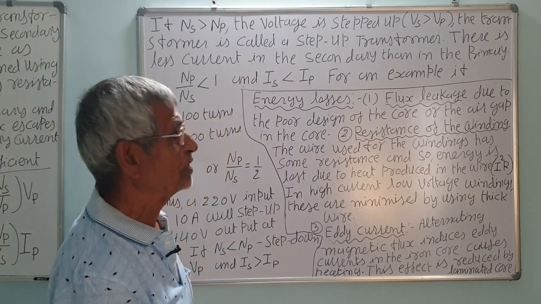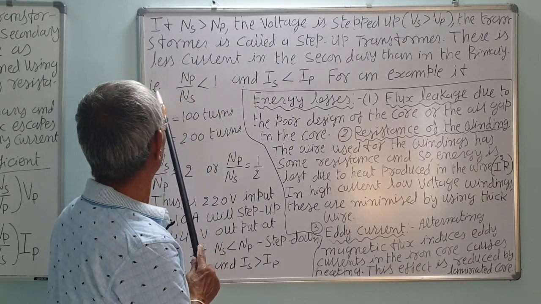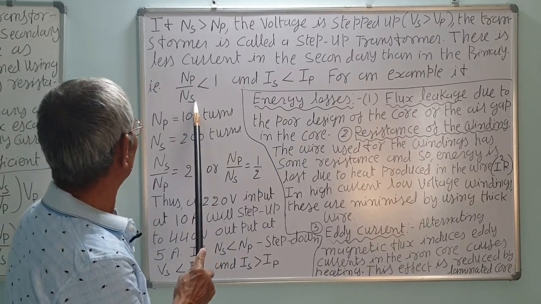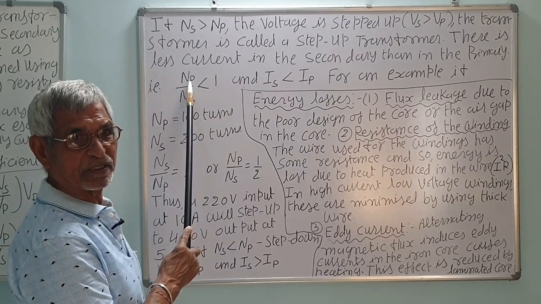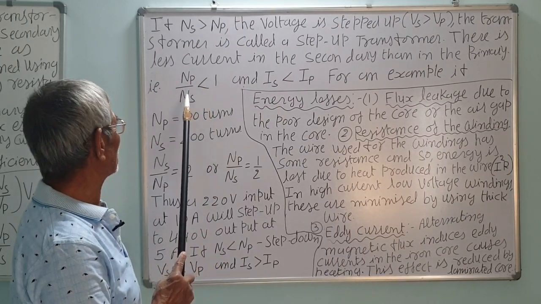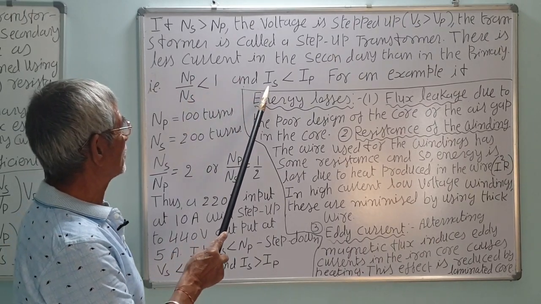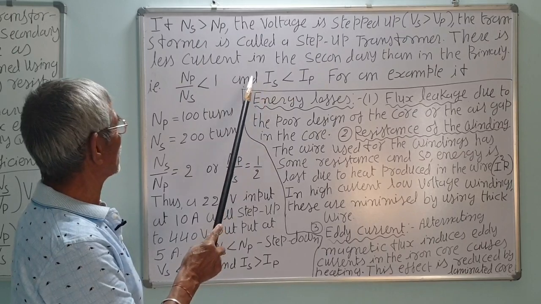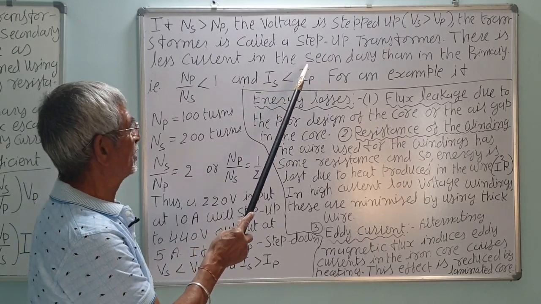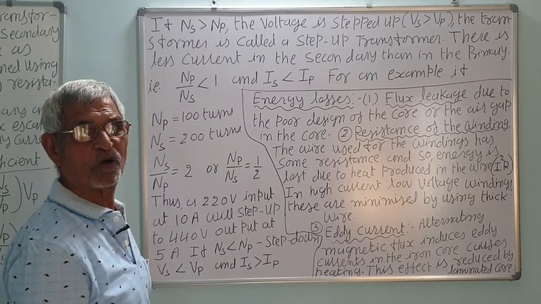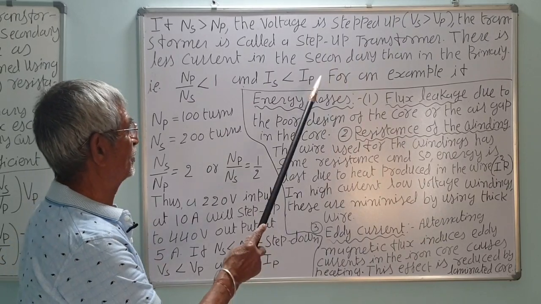So the current will be less than that in the primary by the ratio Np upon Ns. The primary turns Np is less than Ns, so this ratio will be less than 1, then the secondary current is less than Ip, the primary current. So if the secondary voltage is more, the current will be less, and vice versa.